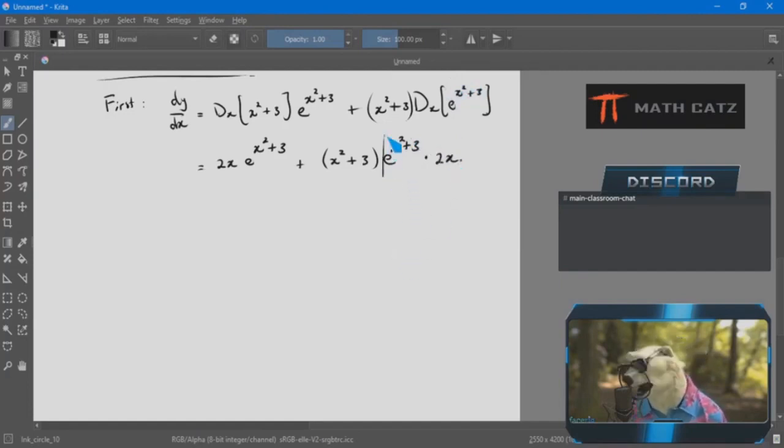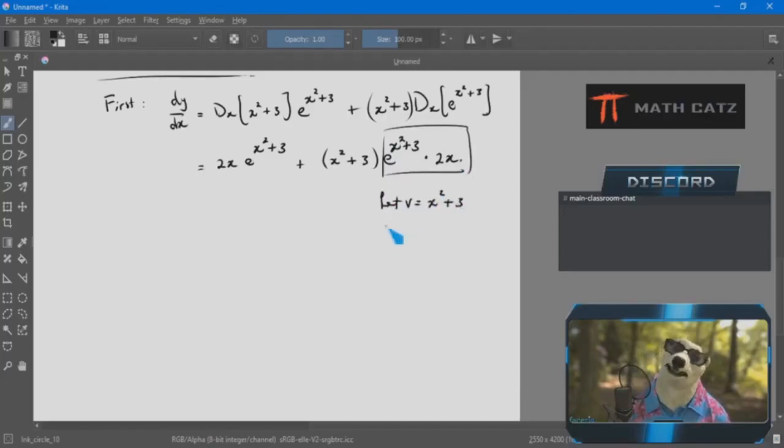Again, if this is not comfortable for you yet, you can say let v equal x squared plus 3. Let's call this g, and then g is e to the v. So the derivative of that little piece is set up, oops, that's a v, by the chain rule to help guide me in terms of what to do.